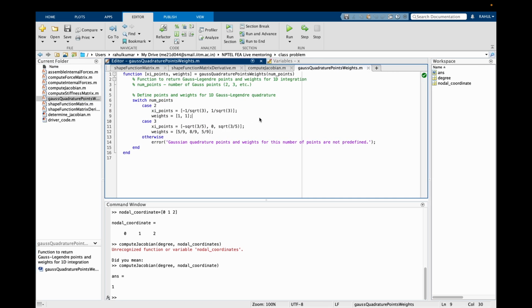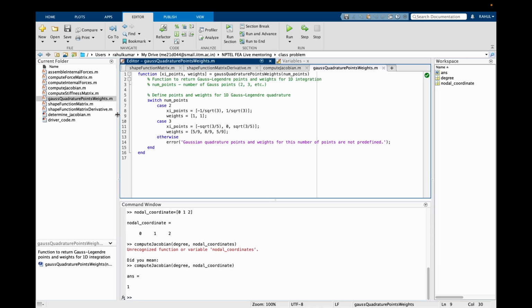There are many programs already available in MATLAB help, but I simply wrote it so that when you take the number of points as 2, it will give the output like this. And when the number of points is 3, it will give the output like this. So it will result in this kind of xi points and weights. So this will also be required.